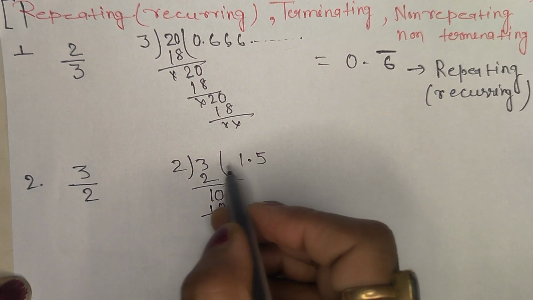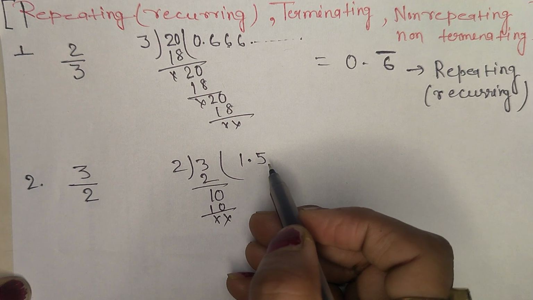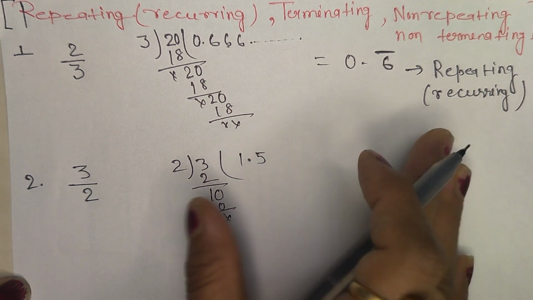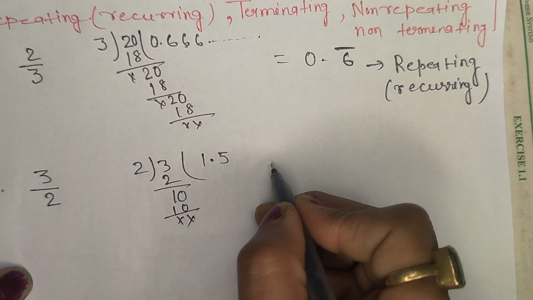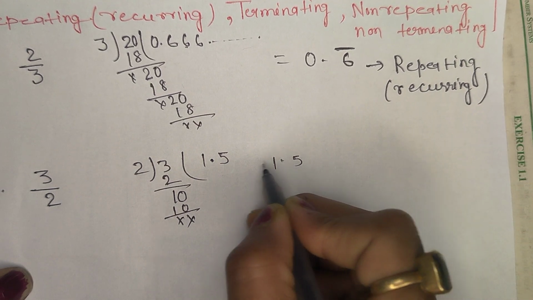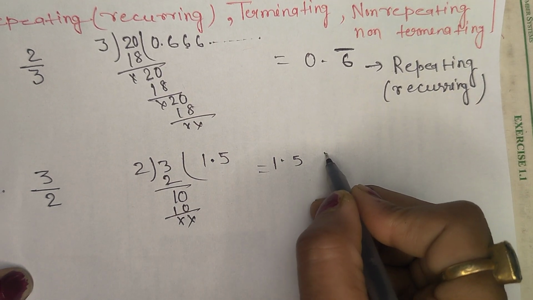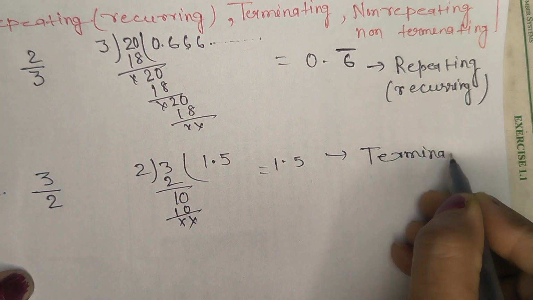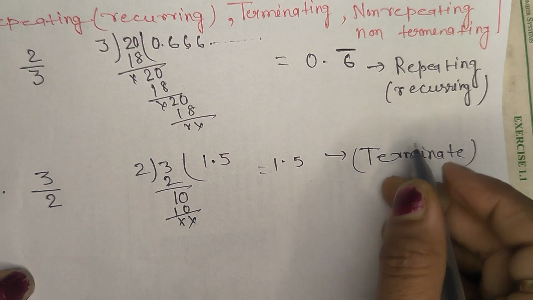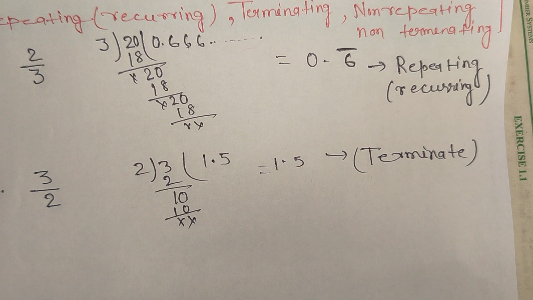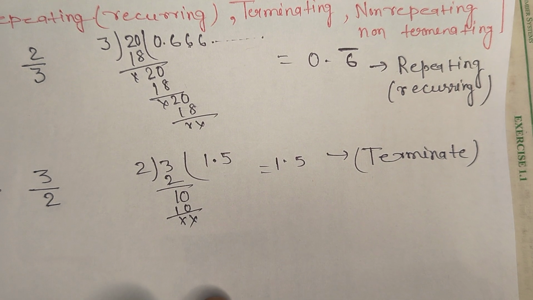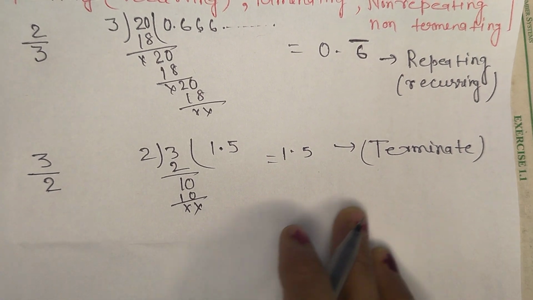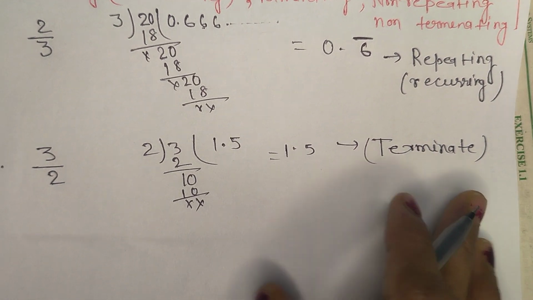After decimal, this number is completely divided. So the name of this type of number is terminating. Suppose that a number is divided completely before decimal or after decimal, so we can say this number terminates.